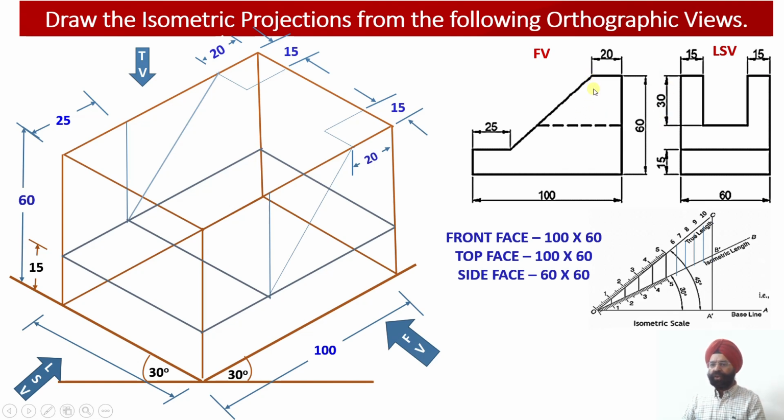So either I can draw this distance 30 millimeter, or from this ring I can take a 15 millimeter upward distance. So this line, that is this face of the hollow portion, it will be 30 millimeter from the bottom and it is 30 millimeter from the top.